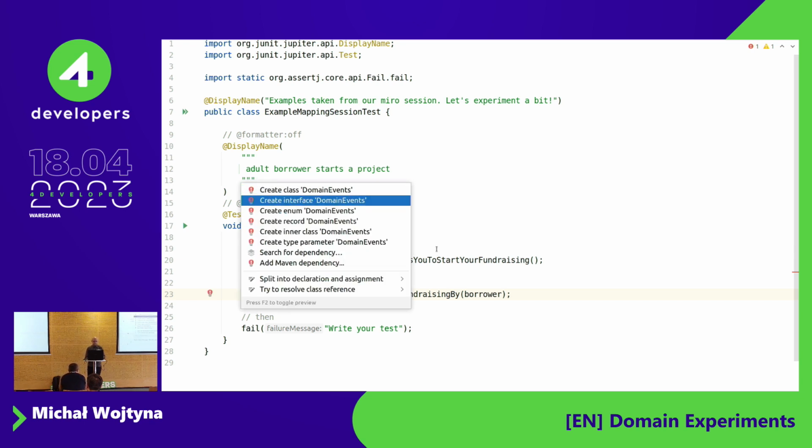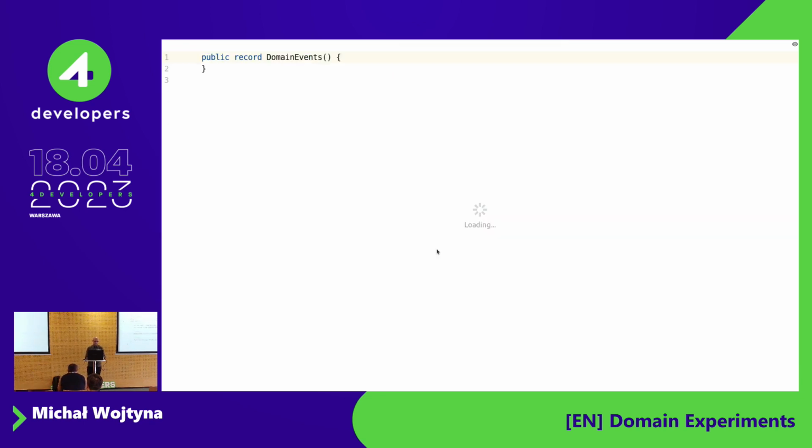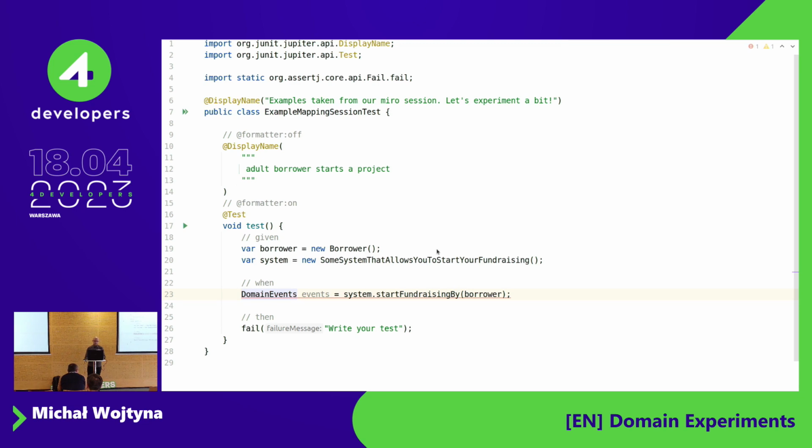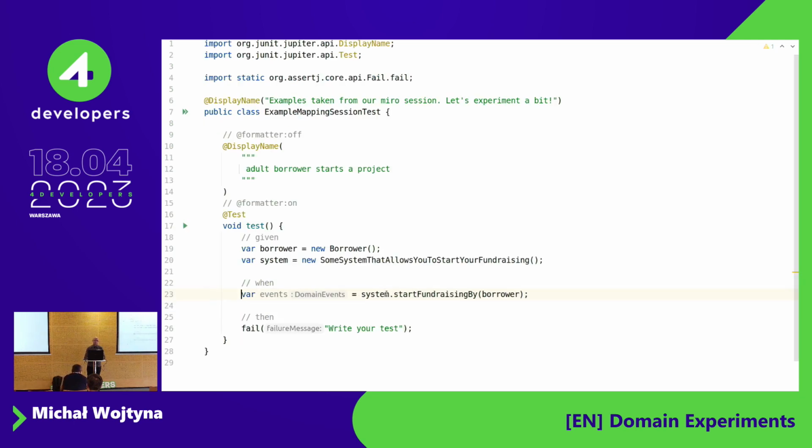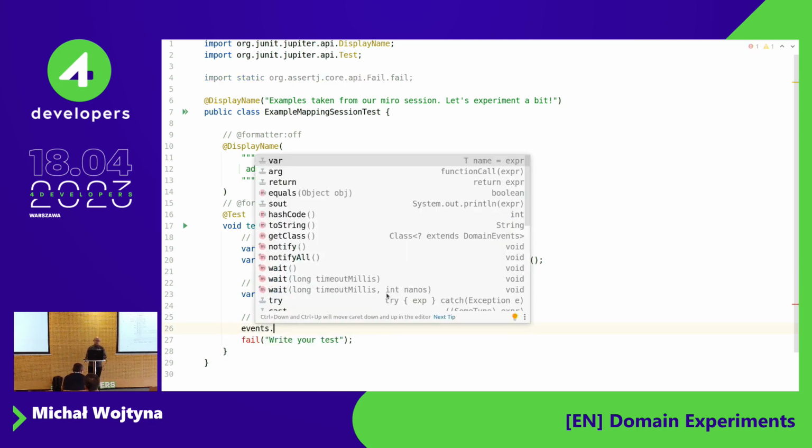So I again create these domain events, and I make this start fundraising by method return it. Okay, so we got some events.